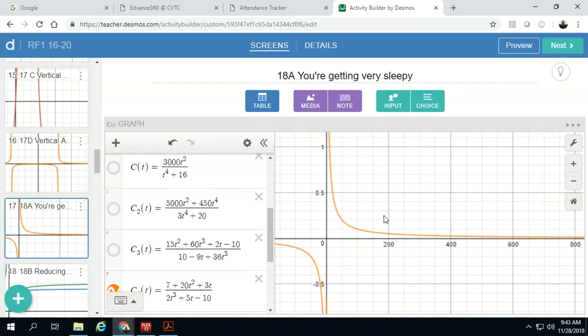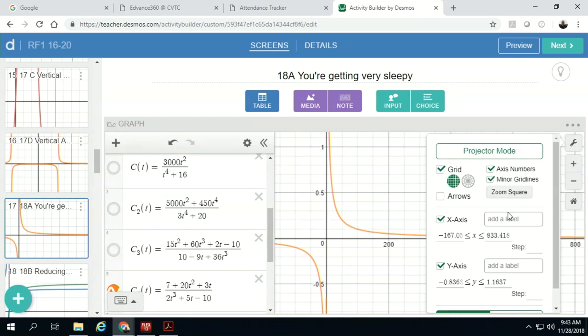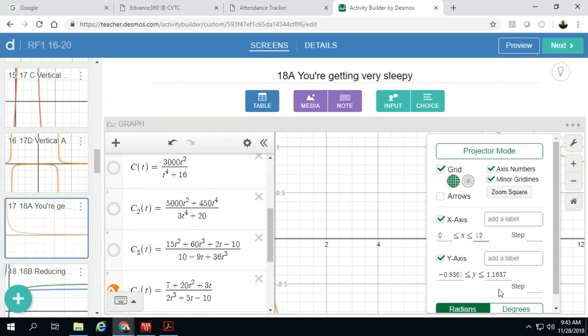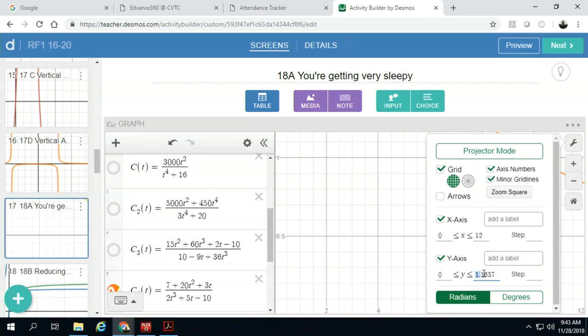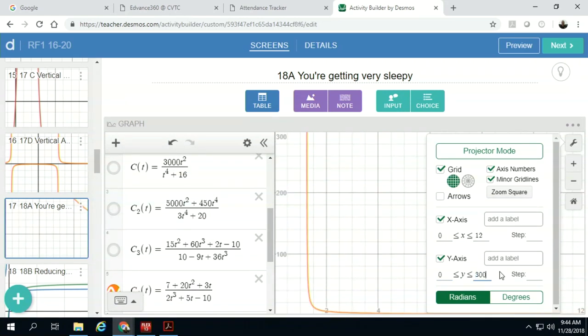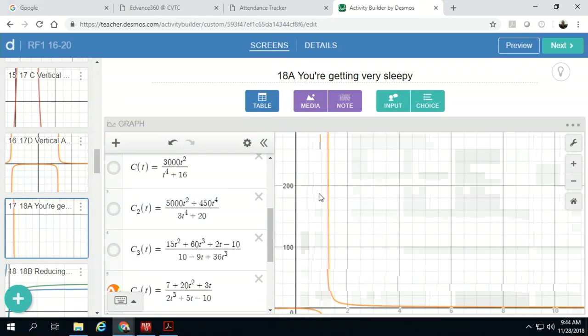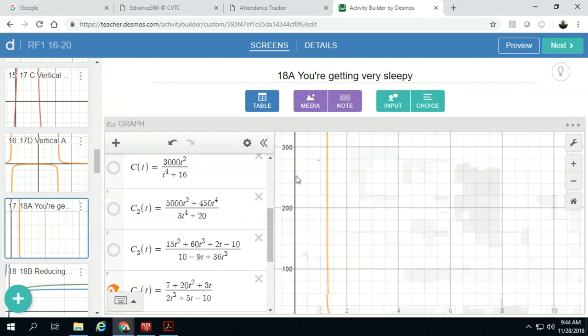Oh, I see. I've got way too much time there. That's the problem. I've got to change my x-axis from 0 up to, say, 12 hours. That might be better. And then the y going from 0 up to, what did it say, 250? So let's say 300. So when is it above 250 nanograms per deciliter?